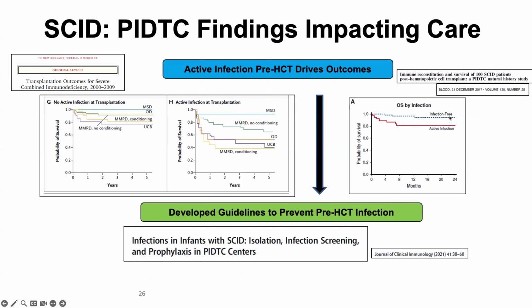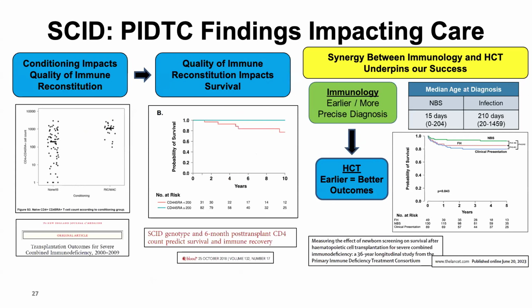And when we looked at them, the difference was really that the group that did poorly were the ones that came in with infections. The group that did better were the ones who didn't have infections. So the whole idea of SCID newborn screening was that now let's pick them up at birth before they get infections, and will that improve outcomes of transplant in the end? And in fact, it does.